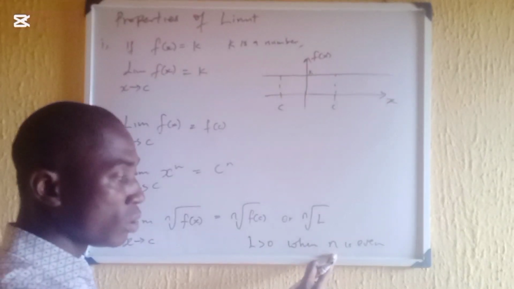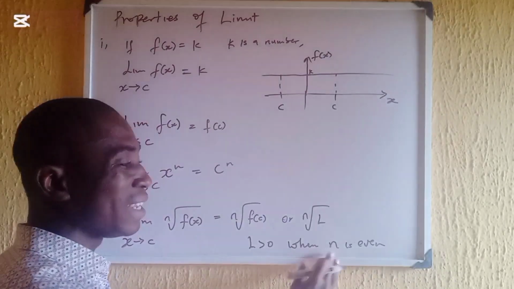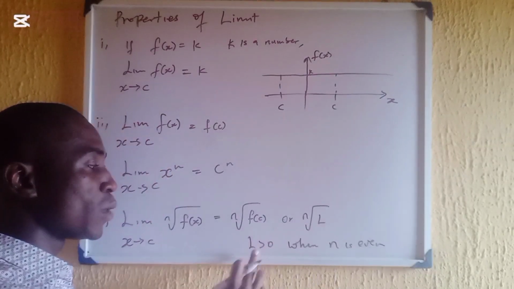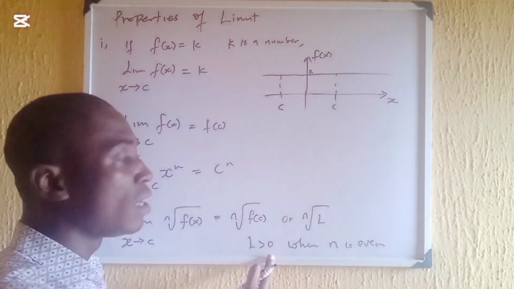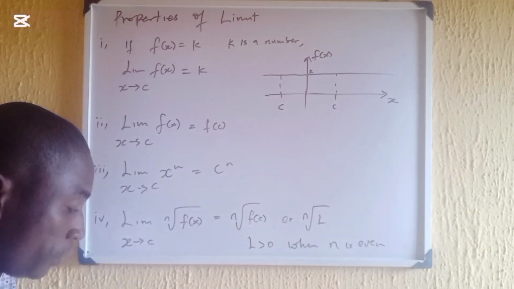But if n is odd, that means L can be negative or positive. But the moment n is even, L must be a positive value, that means greater than 0. Otherwise, the answer you got is undefined.